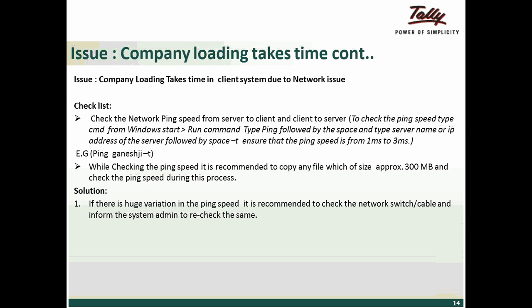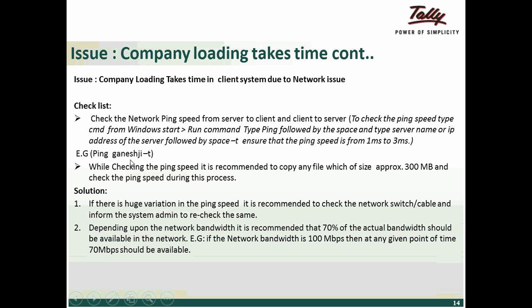For example, if I have a mixed Cat5 and Cat6 cable, there is a chance of a performance crunch, because category 5 cable has different features altogether and category 6 has better features compared to category 5. That is one of the scenarios we can check.